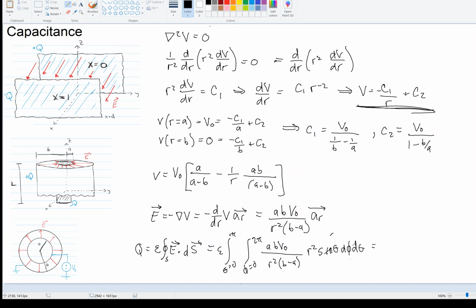That's nice. Okay, for phi, there's no phi there, so this becomes just a constant. Phi goes from 0 to 2 pi, so I'll bring out the 2 pi. And then I'm left with an integral over theta from 0 to pi of sine theta d theta. All right, I'm going to come up top, give myself some room.